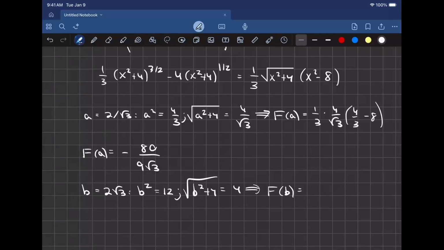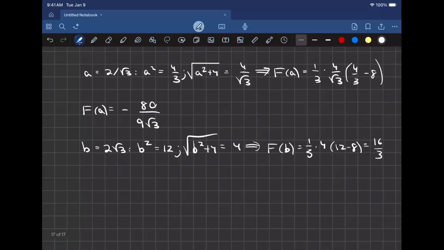So this will be 1/3 times 4 times 12 minus 8, which is 4. So that gives us 16 over 3. So our solution then is 16 over 3 minus negative 80 over 9 square root of 3. So that becomes plus 80 over 9 square root of 3.